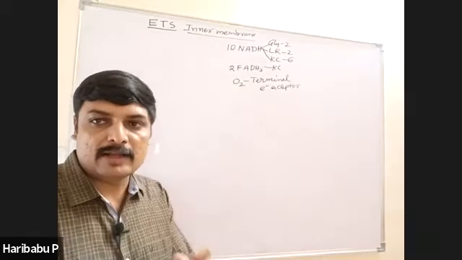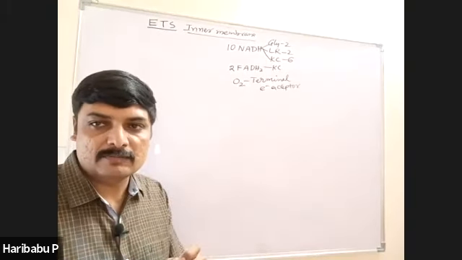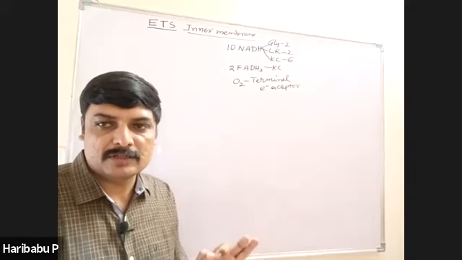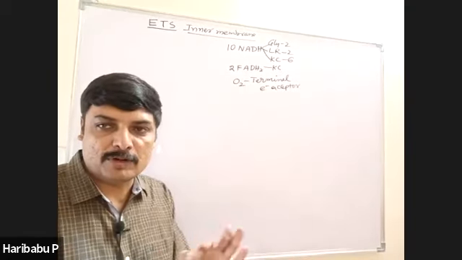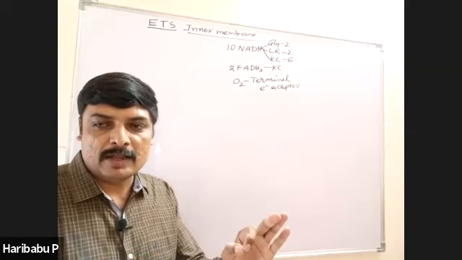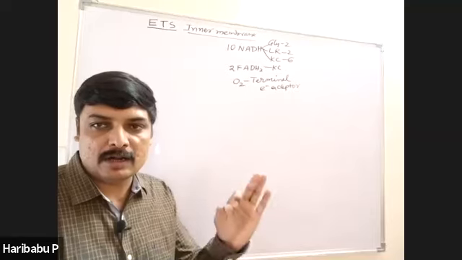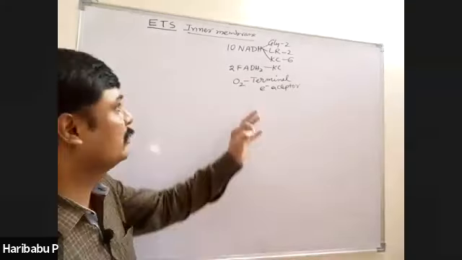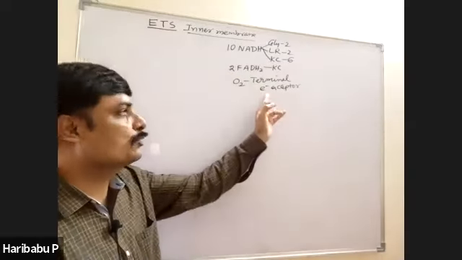The role of oxygen is present at the final stage. So far we didn't talk about oxygen. The role of oxygen is not there in glycolysis, link reaction or Krebs cycle. Its role comes into the limelight in the electron transport system.